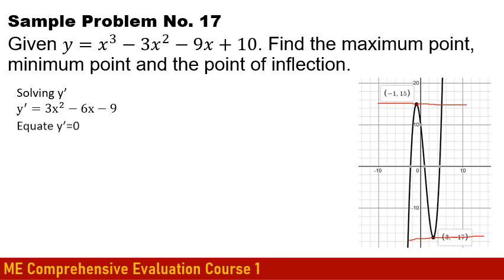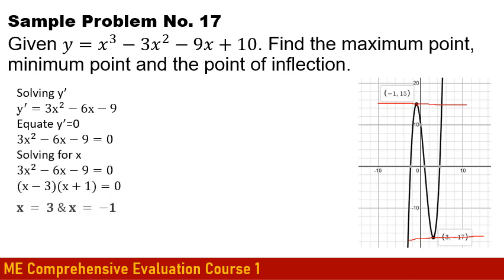We will equate the y prime to 0 and then solve for the value of x. Solving for the value of x, we obtain two values, which are 3 and negative 1. Meaning, we will also be able to get two values for y. When we substitute these values of x, 3 and negative 1, back to the given equation, we can get the value of y.